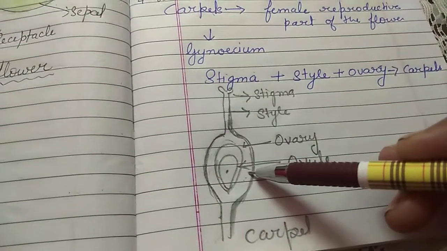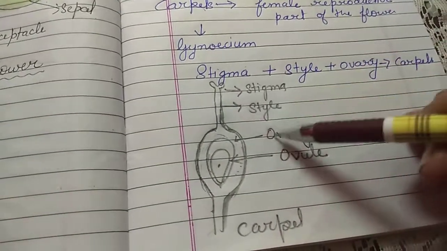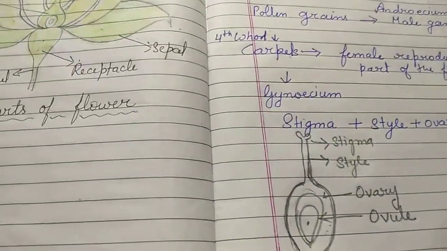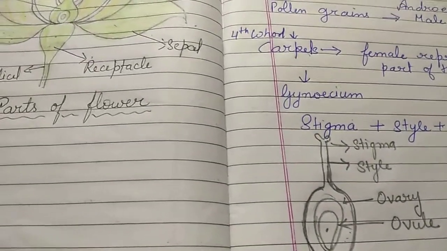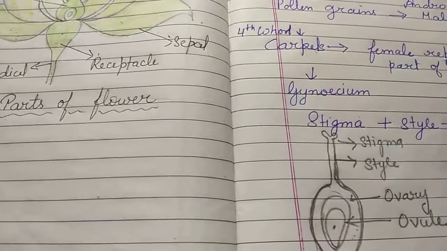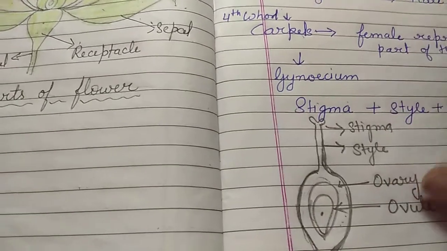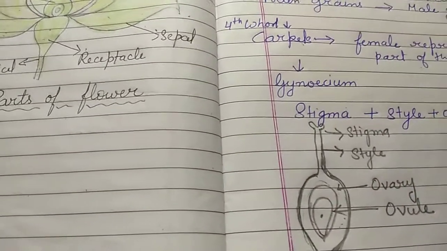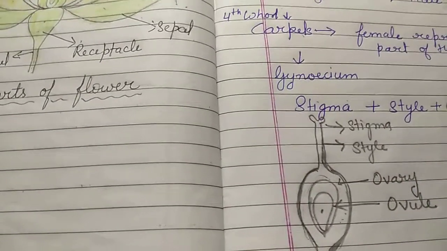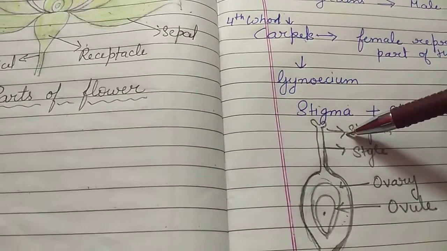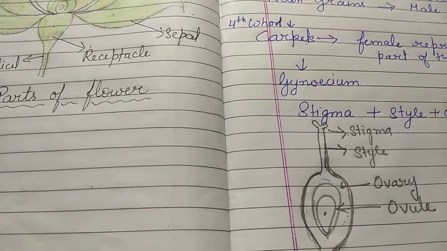So stigma, style and ovary together form carpel. Carpel forms the fourth whorl of a flower. They are called female reproductive part of a flower and are collectively called gynoecium. Carpel consists of three parts: stigma, style and ovary.